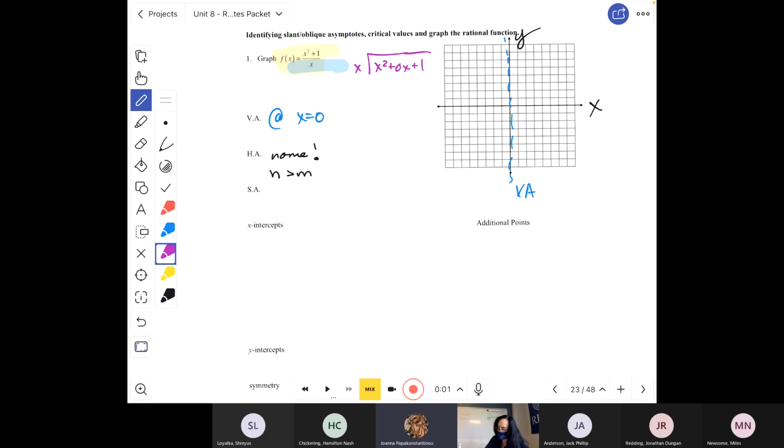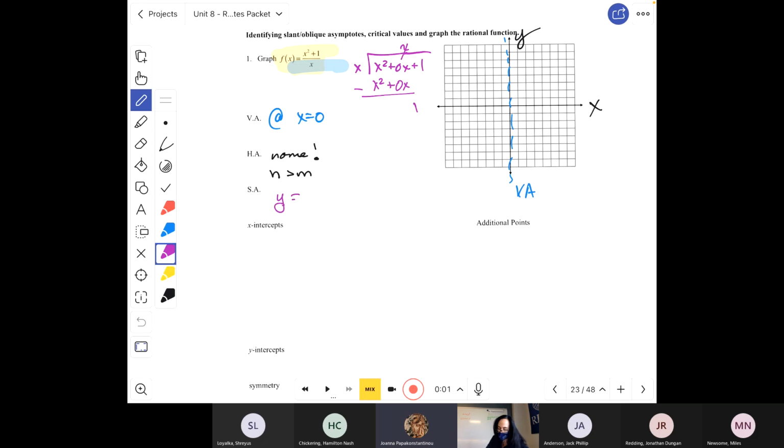Okay, so x goes into x squared how many times? Okay, 1x. Right? So what is my slant asymptote?